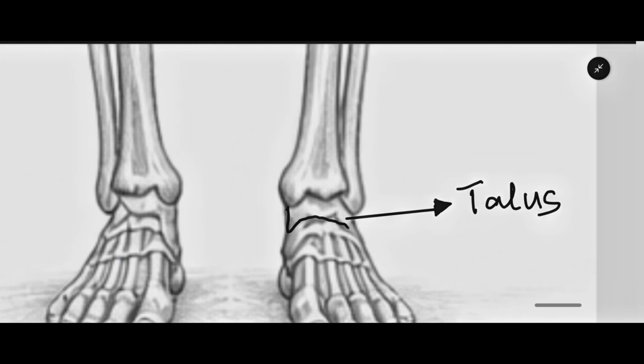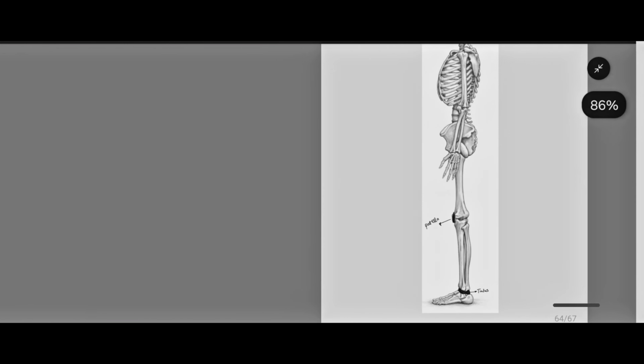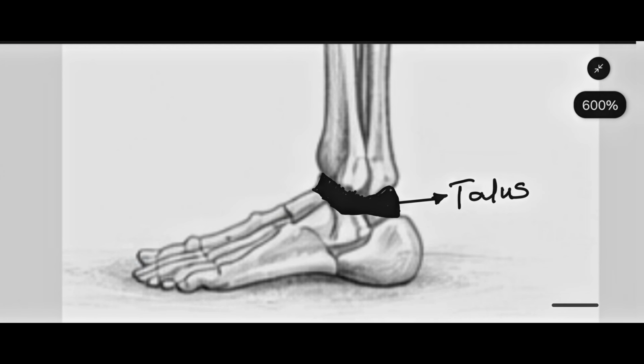So the talus is sort of this section of bone here at the ankle. If I just shade it in here, we can see a sideways view as well of the talus down here. So it looks something like this at the ankle. So those are the bones you need to know.